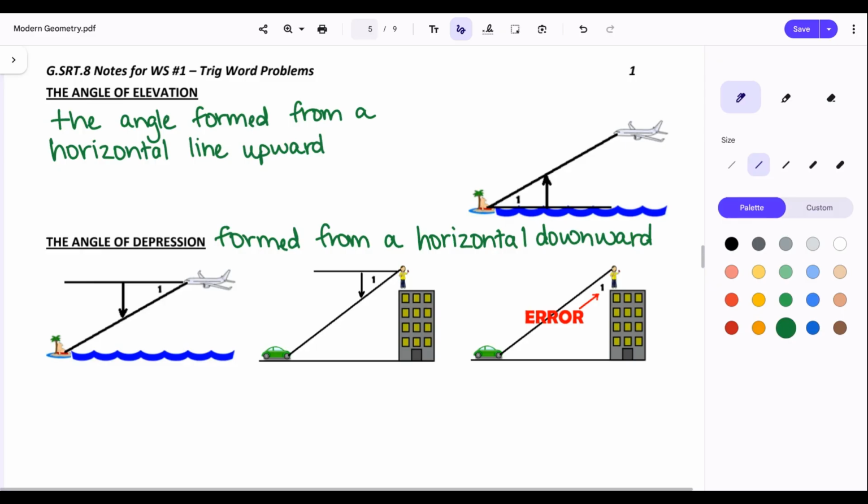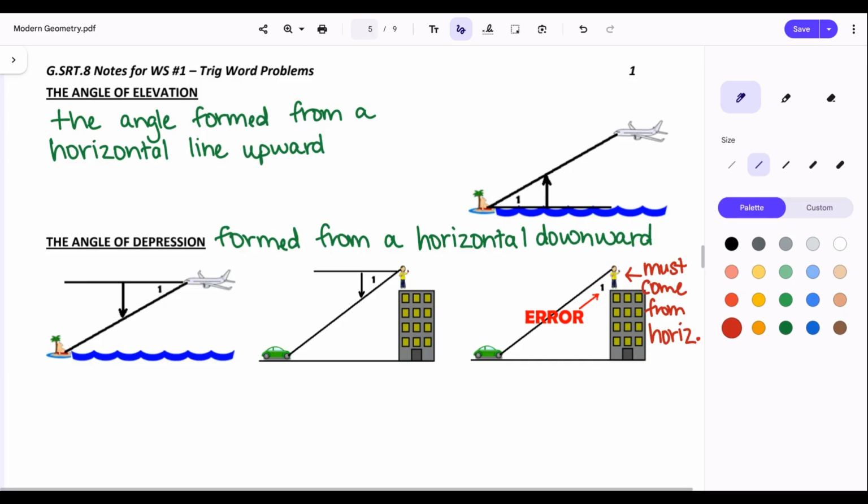Now, when we look at this last one, it says error here because the person who drew this picture mistook this angle here for an angle of depression. So I'm just going to put a little note here that this must come from the horizontal, and I'm going to abbreviate that because I don't have a lot of space.